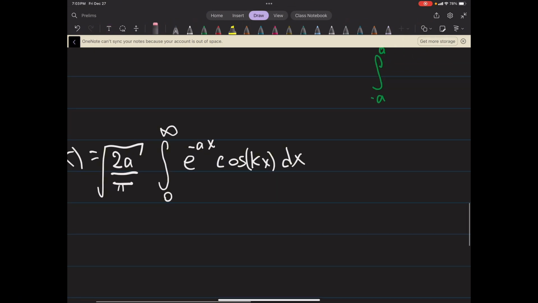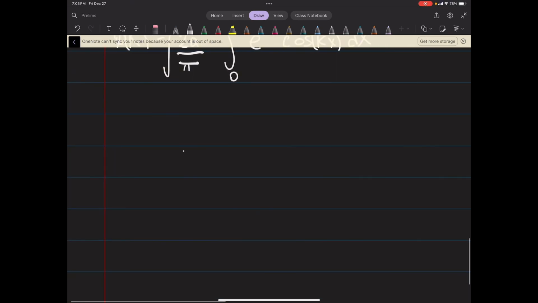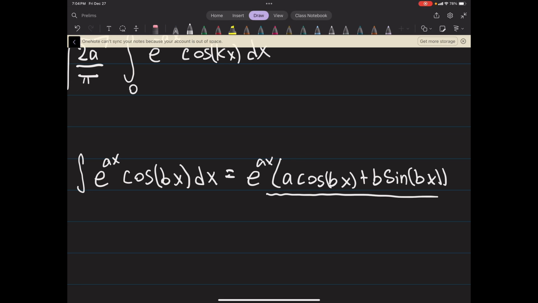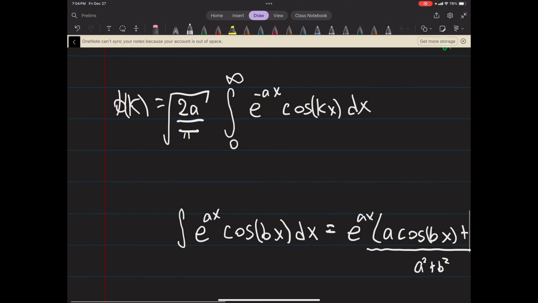I have an integral table I looked up, and what I found was that the integral of e to the ax cosine bx is equal to e to the ax times a cosine bx plus b sine bx, all divided by a squared plus b squared, where our a is minus a and our b is k.